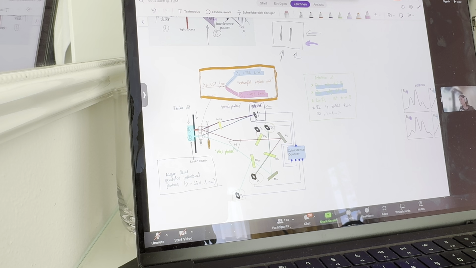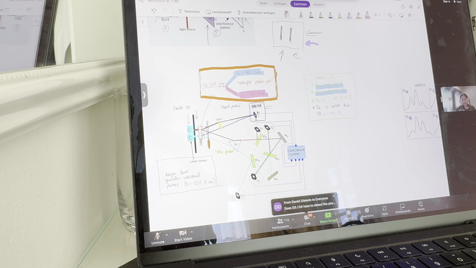And this applies to, for example, photons, it applies to electrons, it applies to all kinds of particles, and the larger the particles become, the less the effect will be, such that we seem to only see classical behavior. But basically this applies to all quantum particles. What's the name of the experiment? It's the delayed choice quantum eraser.